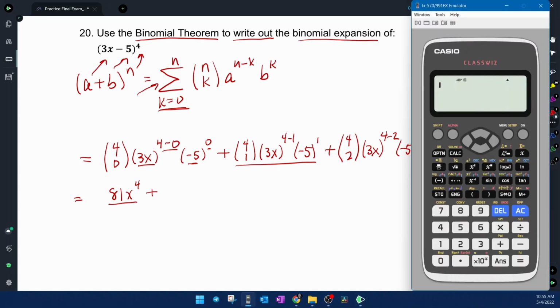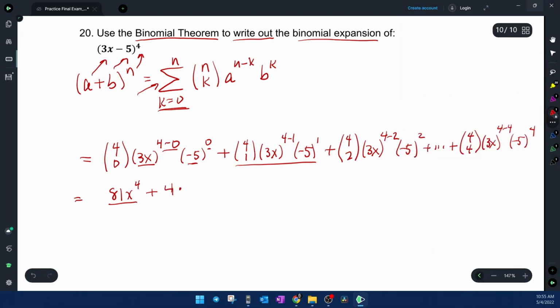Plus, and then we need to do the next term. So again, on the calculator, 4 choose 1. That is going to be 4 times 3x to the 3rd. 3 to the 3rd is 27. X to the 3rd, well, is x to the 3rd. And then times negative 5, because negative 5 to the 1 is negative 5.